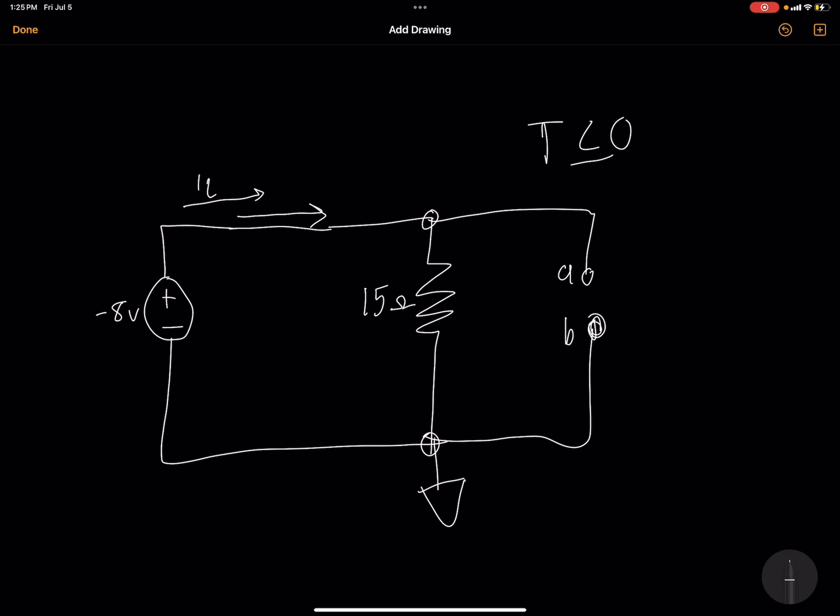Okay, so it starts at negative 8. And the inductor is replaced by a short circuit, and the capacitor is replaced by an open circuit, because they've sat for a very long time, and that is what they behave as when they sit for long periods of time.